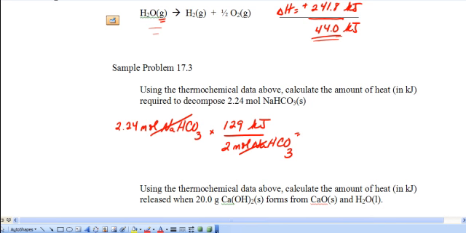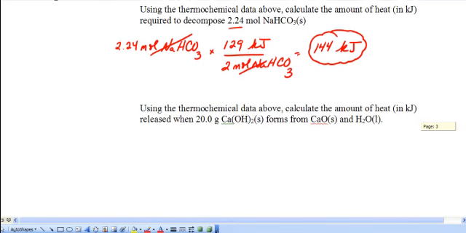The moles of sodium bicarbonate divide out, and then you have 2.24 times 129 divided by 2, and it looks like we have 144 kilojoules of energy. That's how much energy would be required to decompose the 2.24 moles of sodium bicarbonate. Alright, moving on to the next one.